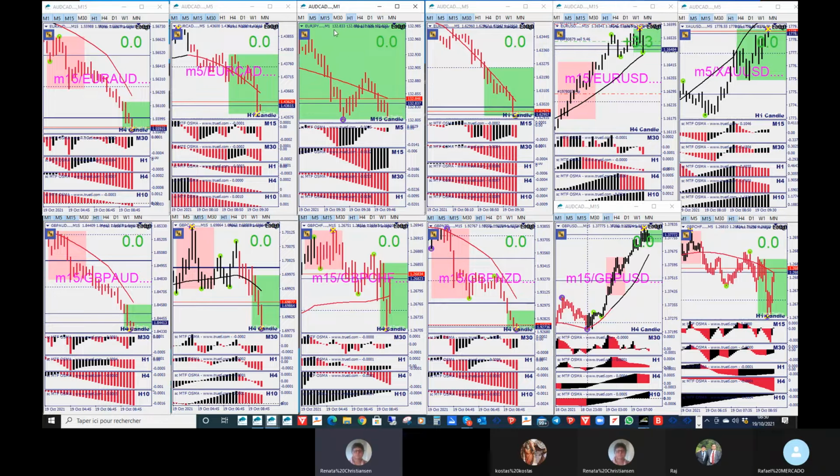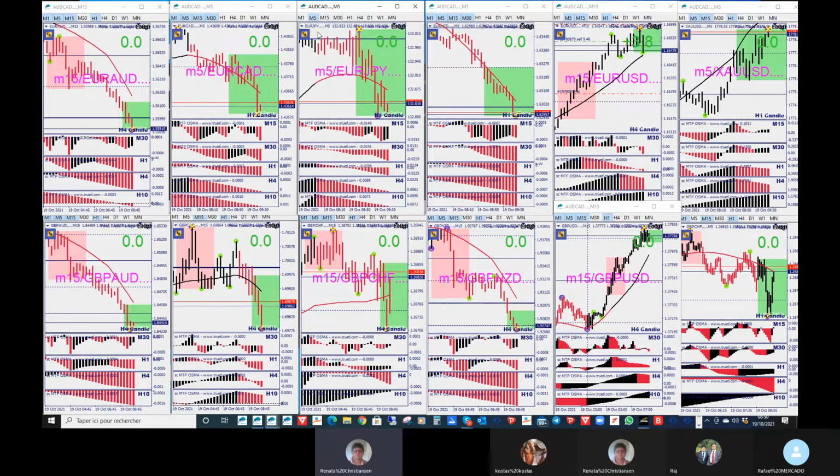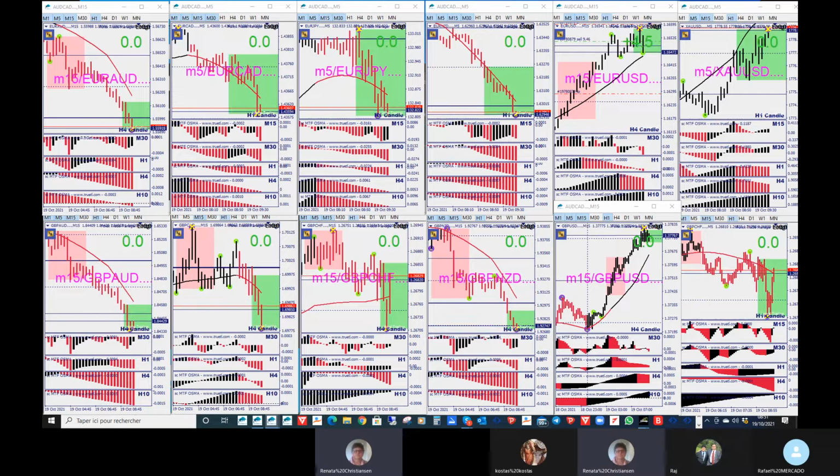Still going. So yen got weak, so I got out of my yen pairs for about 10 pips total.